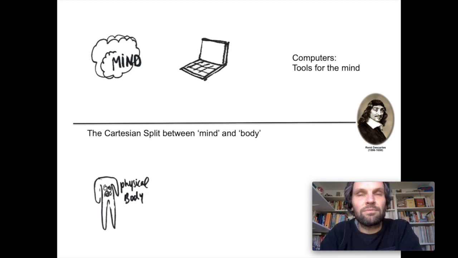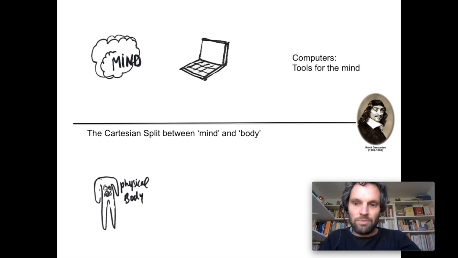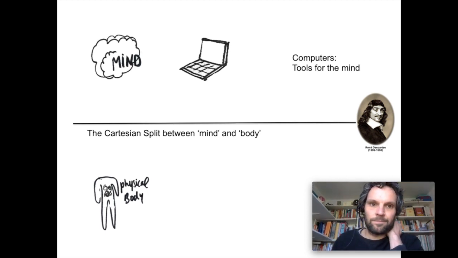So it's all about information, about understanding, about knowledge, about data, about representation, and so on. So all the talk that surrounds computers is generally focused on everything that has to do with the mind part of the Cartesian split between mind and body. Computers are tools for the mind, you could say.